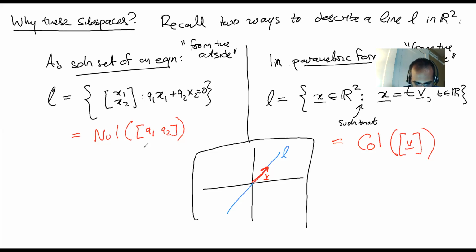The parametric form has a very different feeling. It's saying, here's a vector, and just move around as much as you want along this vector, and you'll get the line. So it's telling you how to draw out the line from the inside, whereas the first one is telling you start with R2, and then delete all the points that don't satisfy the equation, and then you'll get the line.